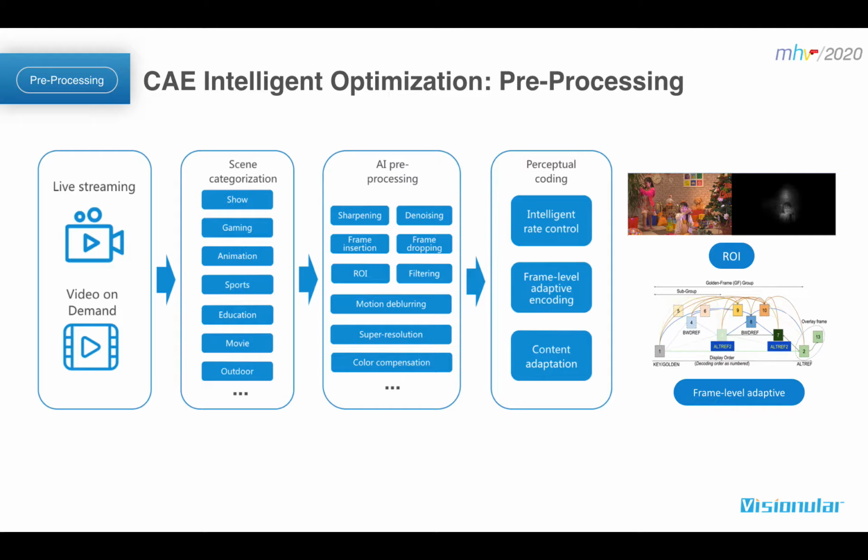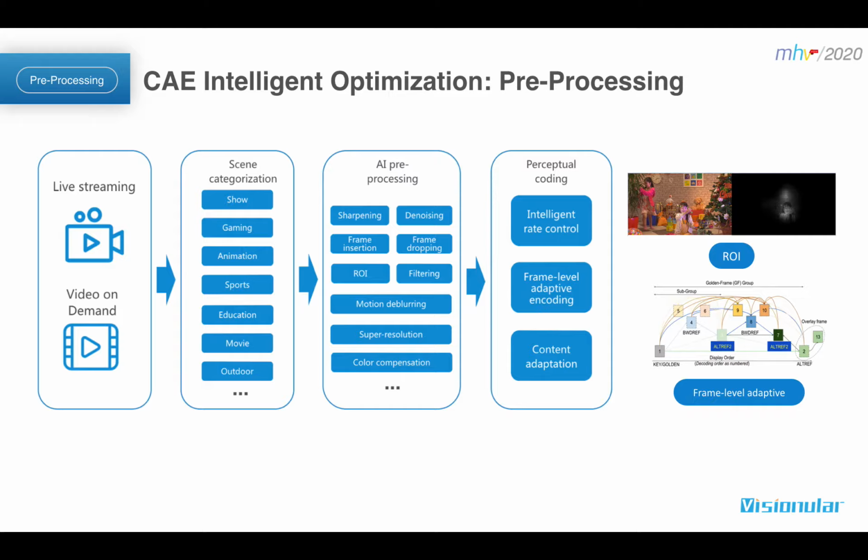Processing these videos in the prior stage before they are fed into the encoder could potentially improve the coding efficiency, meaning it could potentially reduce the bit rate while obtaining sufficiently good visual quality.